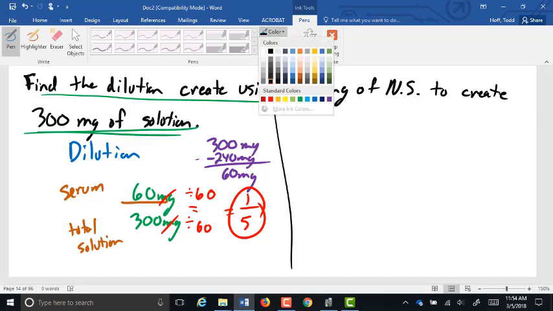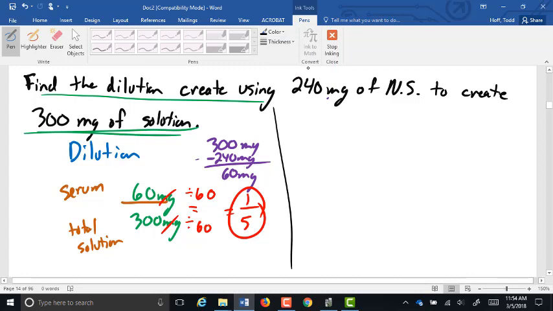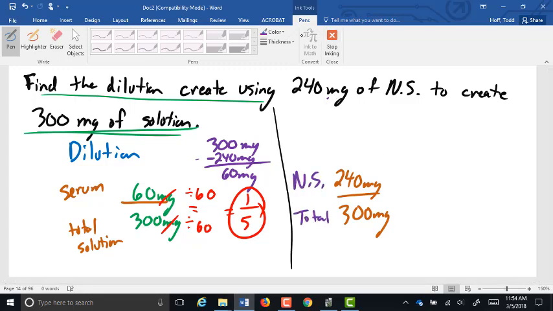The alternative way we could have looked at that is, since we didn't have the amount of serum, we could have done 240 milligrams out of 300 milligrams, which is the ratio of saline to total. And we could have reduced that ratio.